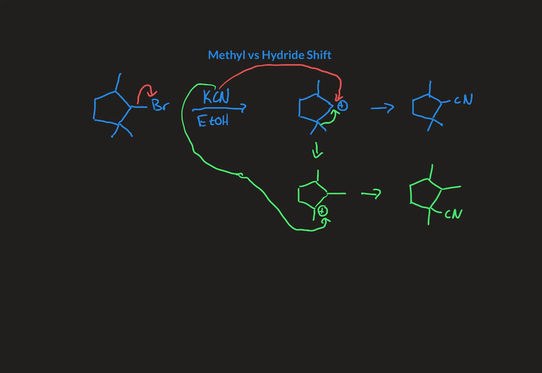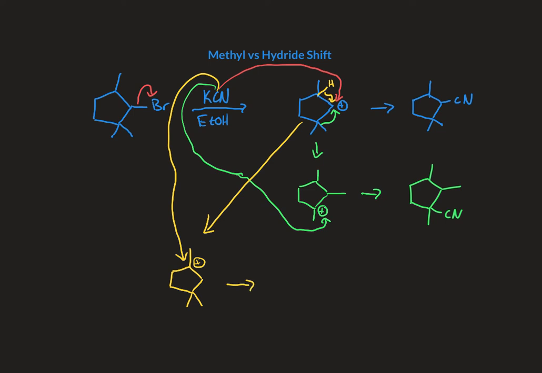But there's a hydrogen here on that carbon, and so that hydrogen could undergo a 1,2 shift to form yet another product. And then that CN minus could attack that tertiary carbocation and give you this product. So all three of those products are possible.